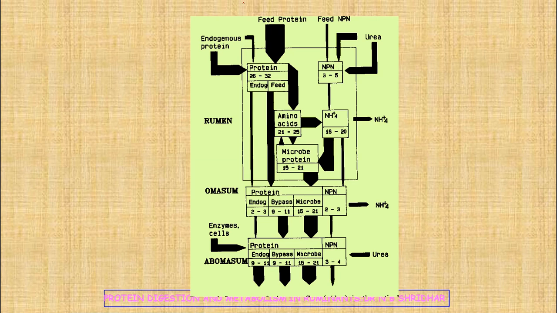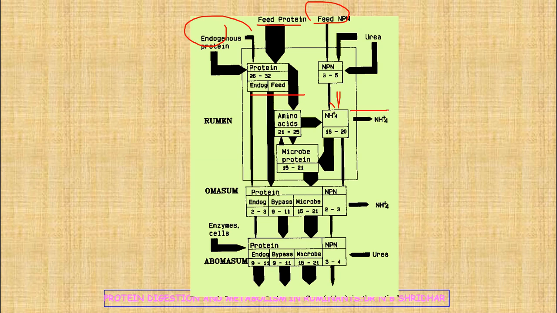Here one of the models is depicted, with endogenous protein produced from feed protein and also feed non-proteinous nitrogen. The feed protein is also converted to endogenous protein. Then non-proteinous nitrogen is converted to ammonia, especially in the rumen.